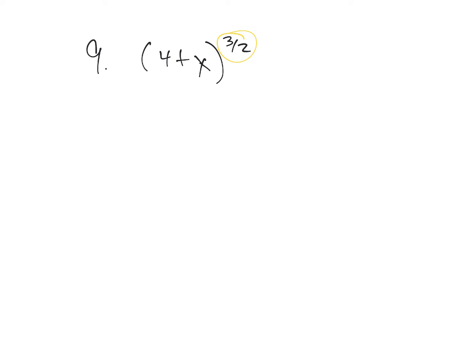So what that means is 2 goes into 3 one time, so that base gets moved out from the radical with an exponent of 1. So the base is 4 plus x, and the exponent on that base would be 1. And then you have the square root of the remainder, which is 4 plus x, and the remainder is 1 as well. So those exponents are 1s.